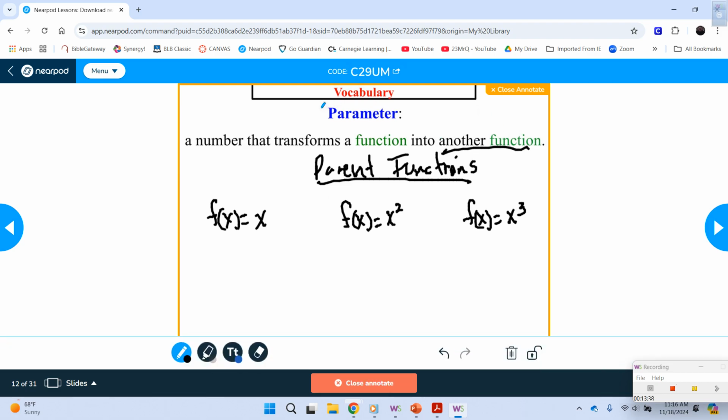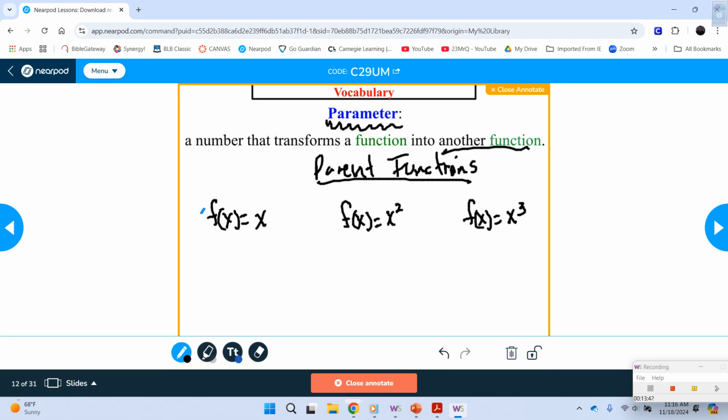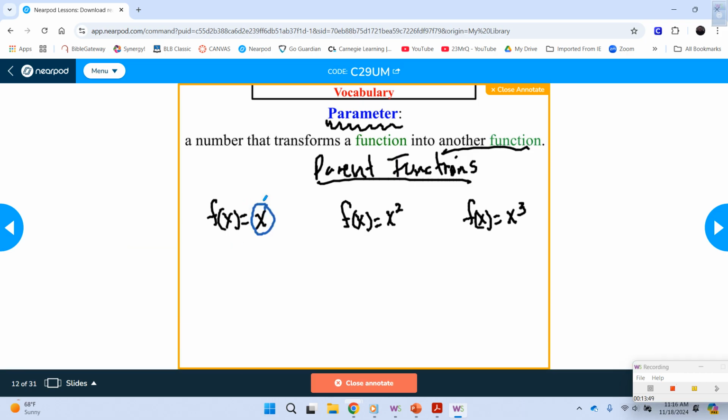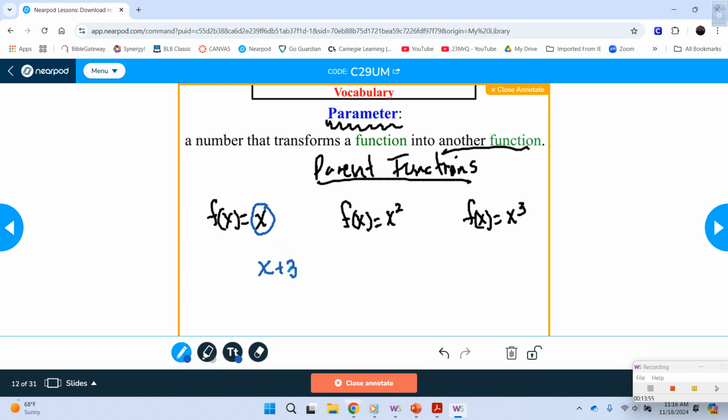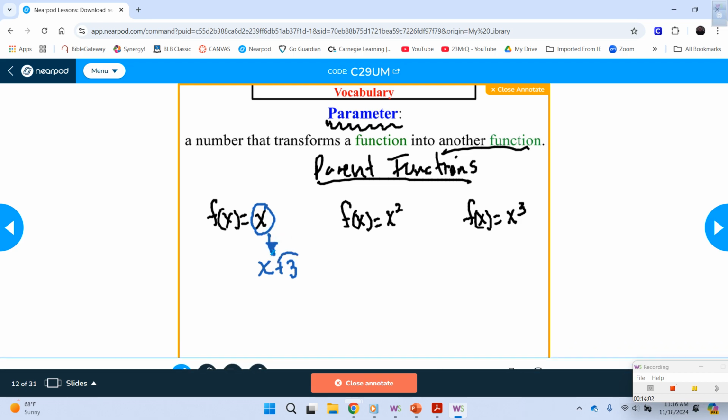And whatever the number that we use is called a parameter. For example, if I change the first one, check this out, look up to the screen. If I change just this being x and I write x plus 3. So it was x before and now it became what? X plus 3. So what do we call the plus 3?